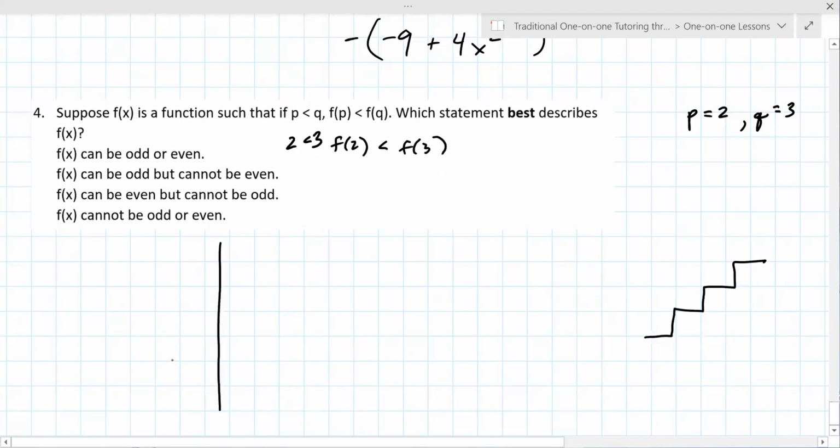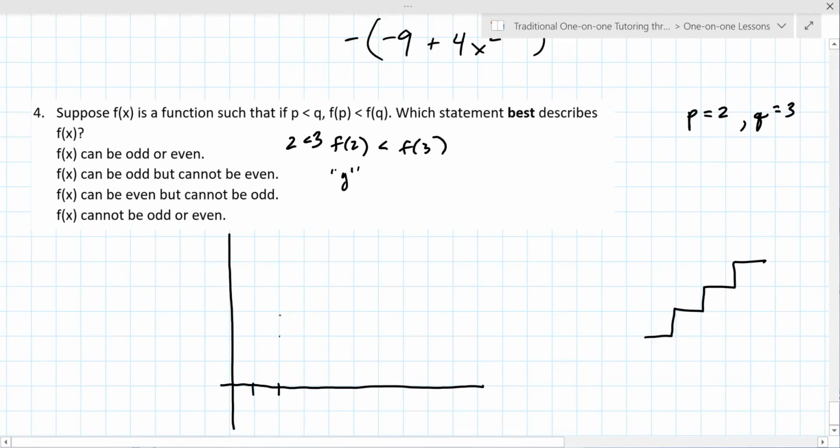Let me graph this a little bit better. Here's 2, and f of 2 just means the y value. Let's say we'll pick 4, and then f of 3 is maybe up here at 6.